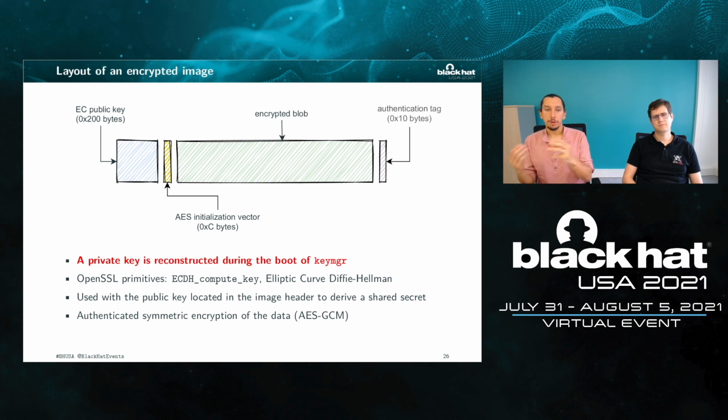This private key is combined with a public part located in the header of the new encrypted userland image. Basically, a Diffie-Hellman algorithm over the elliptic curve is used to derive a shared secret, and this shared secret is later used to derive the AES encryption key, the symmetric key used for AES in GCM mode.